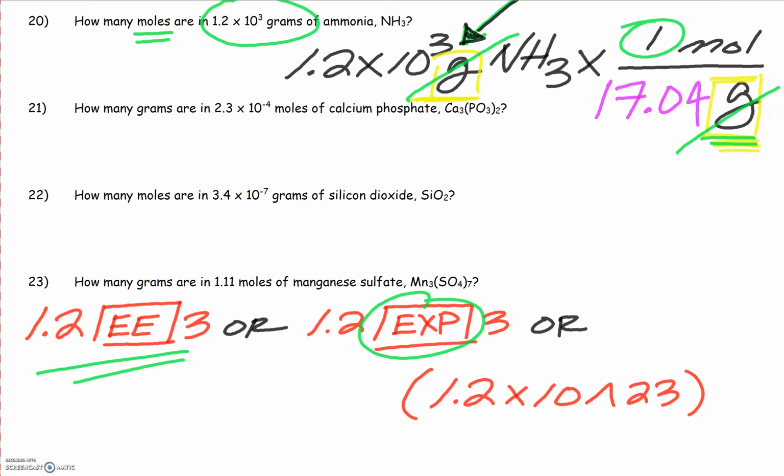Or last option is you can do in parentheses 1.2 times 10 caret 23. A lot of students like the caret because they use that in math class, but you do need to use these parentheses because your order of operations can get kind of squirrely and you can get wrong answers without the parentheses. So you don't need the parentheses for the other two, but you do need it if you're going to do the caret. So anyway, let's plug it in our calculator.